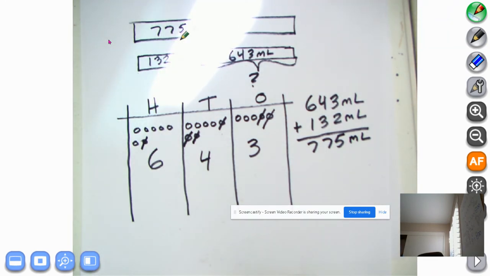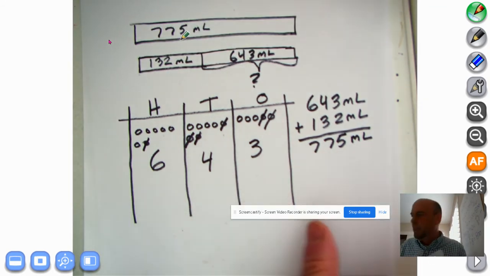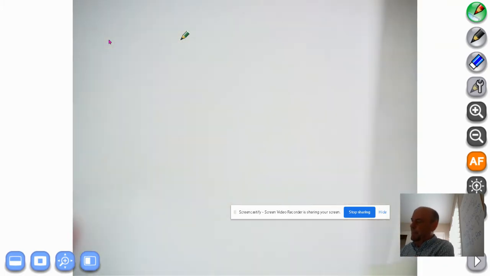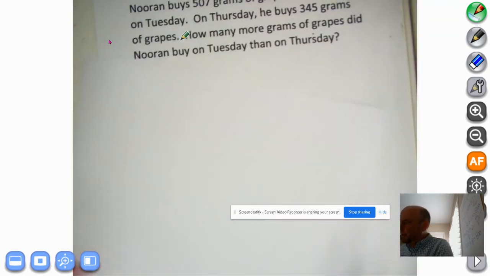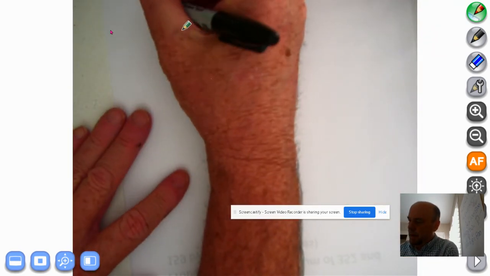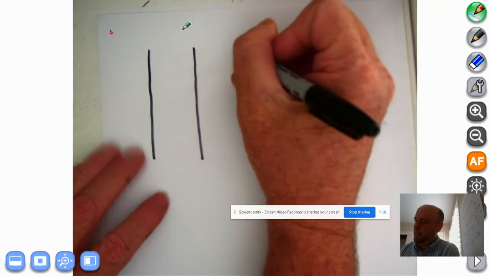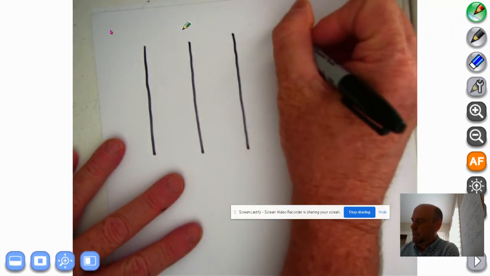Now, let's do a couple more problems using the place value chart, okay? So go ahead and make a place value chart of hundreds, tens, and ones.